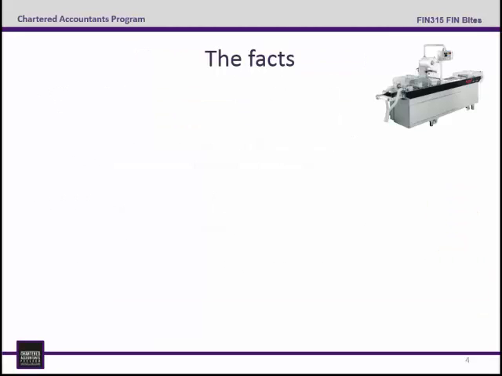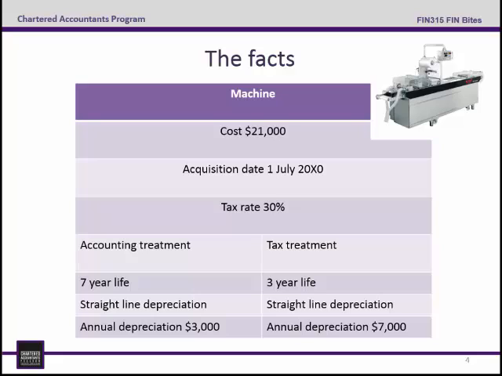So let's look at the facts in my example for today. So I've got a machine. Its cost is $21,000 and it was acquired on the 1st of July 20x0. And there's a tax rate of 30%. For accounting purposes, we've decided that the life of the asset is 7 years and it will be depreciated on a straight line basis over that time frame.